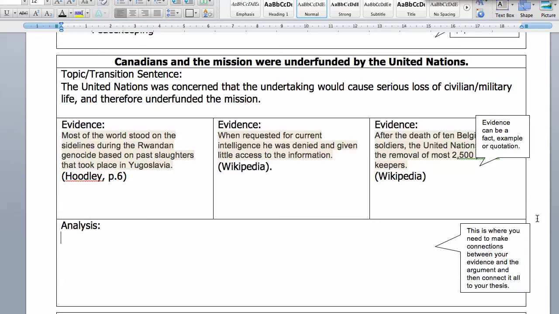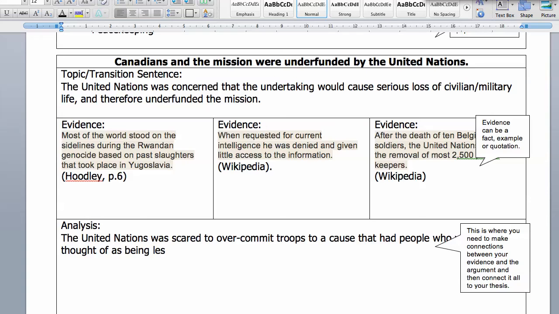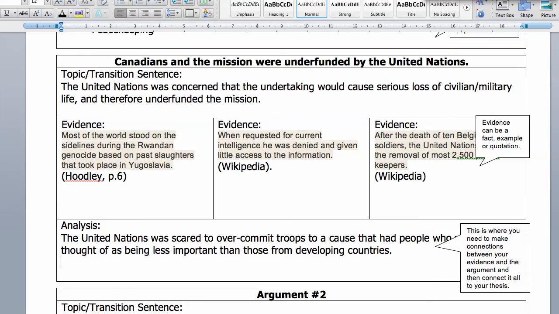It might look something like this. I'm just going to spitball here. The United Nations was scared to overcommit troops to a cause that had, and I hate to say this, people who were generally thought of as being less important than those from developed countries. Now I'm going to pull in some of my evidence.